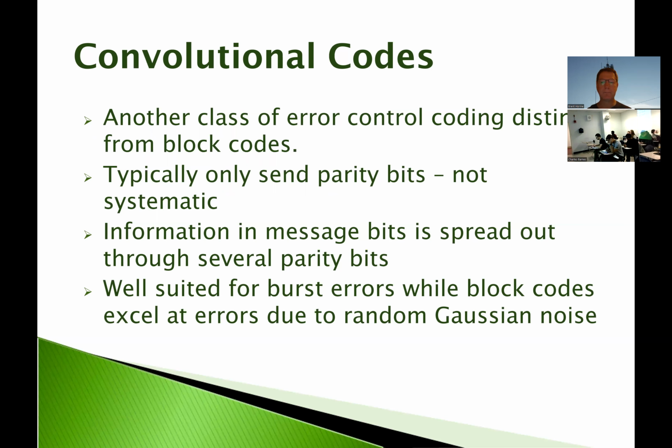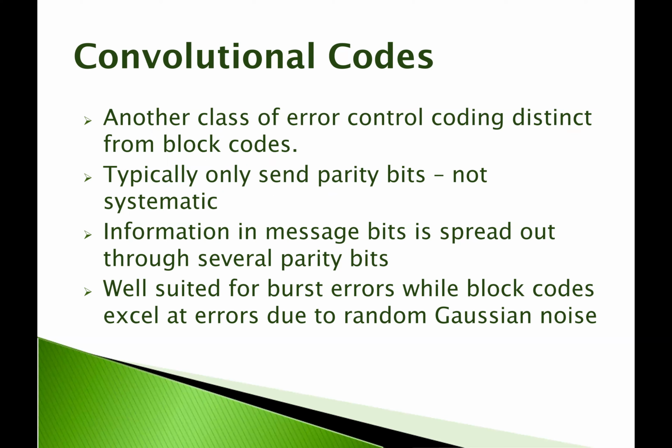There are a number of other types of code, but they largely fall between block and convolutional codes, and some of the more recent and exotic types of codes may draw from both of them.